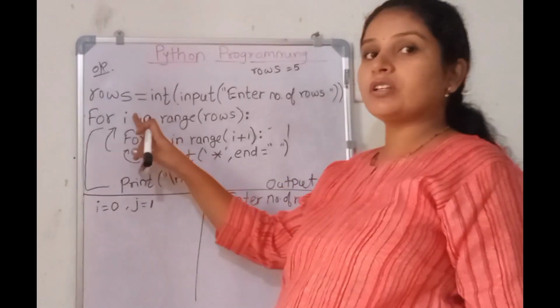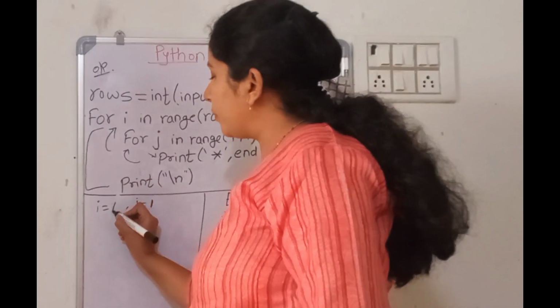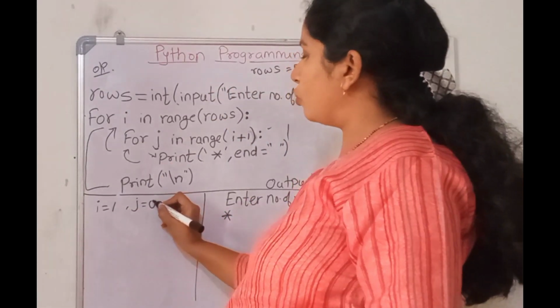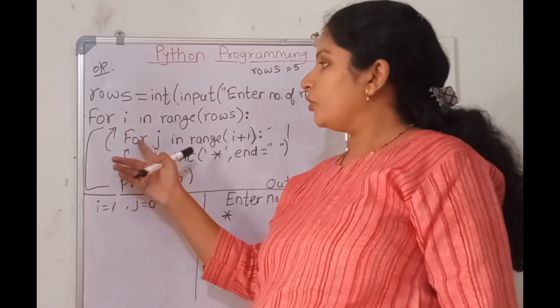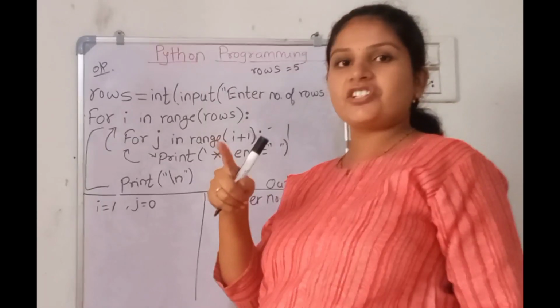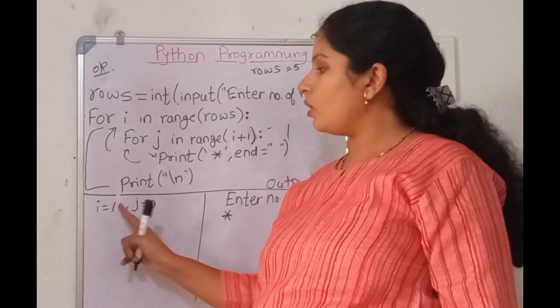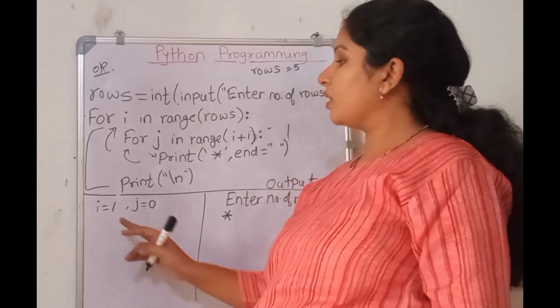Since you are going for the for i statement, your value will be incremented by 1 and j value will be reset to 0, because after entering into the ith loop you are again starting j with 0. So you are resetting the jth value as 0 and your i value will be 1, right?